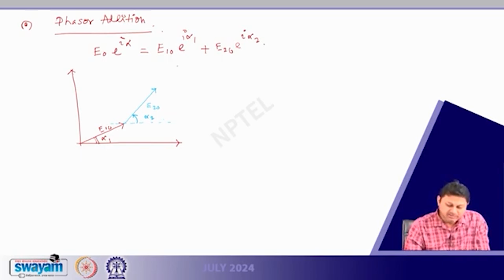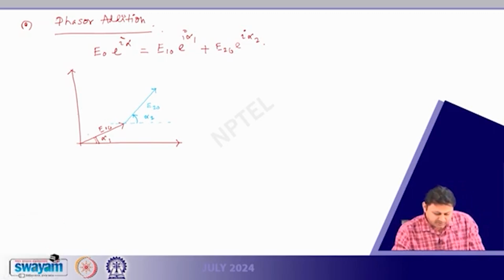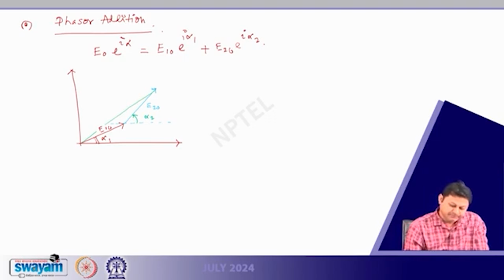When we add these, we are going to get the resultant one, and if I draw the resultant in a different color, I'm going to get this one. It's like some sort of vector addition we are doing here. So the green one is basically the resultant value, the amplitude of this resultant value is E0, and the angle it makes with the x-axis is alpha.